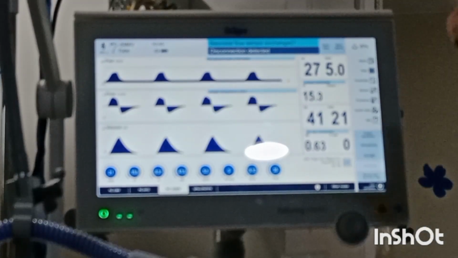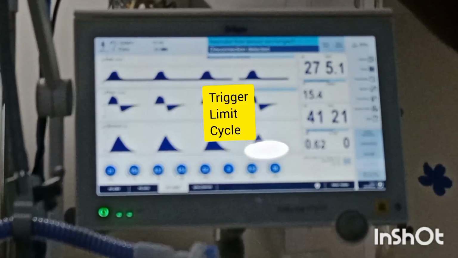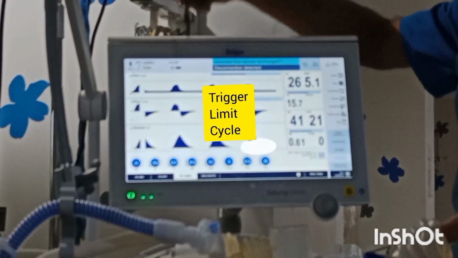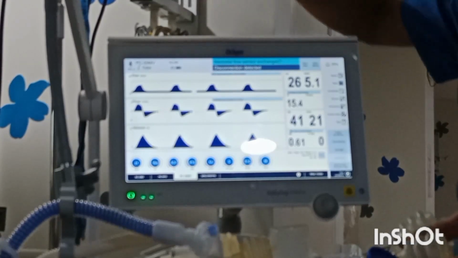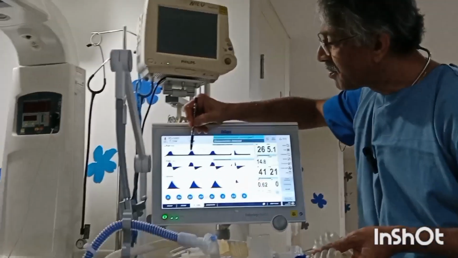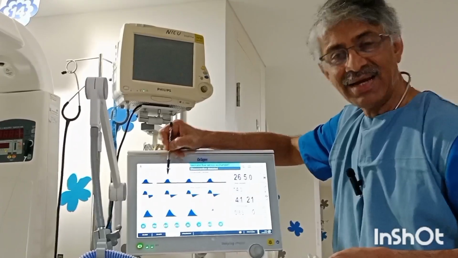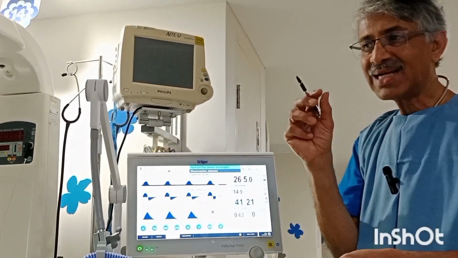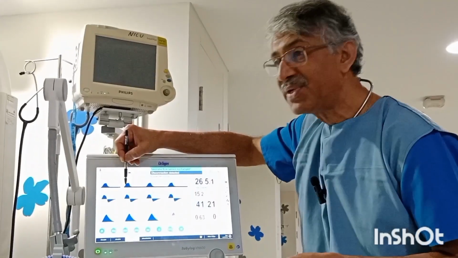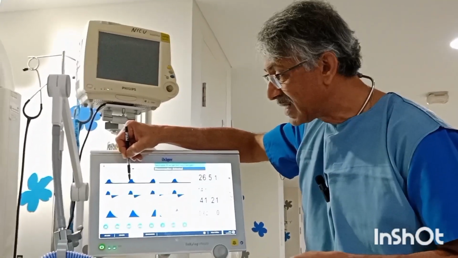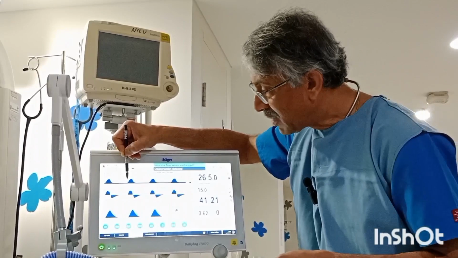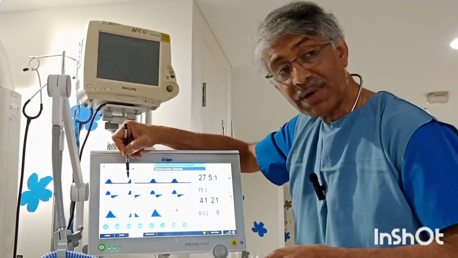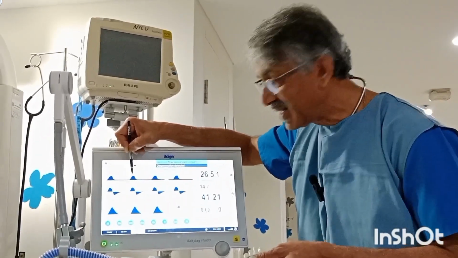PIP has three important components: trigger, limit, and cycle. The triggering point depends upon who is triggering. If the ventilator is triggering, you will find a positive deflection. If the baby breathes, it starts with a negative trigger, so it goes down from the baseline, then comes up, and the pressure produced by the baby is smaller than this curve.